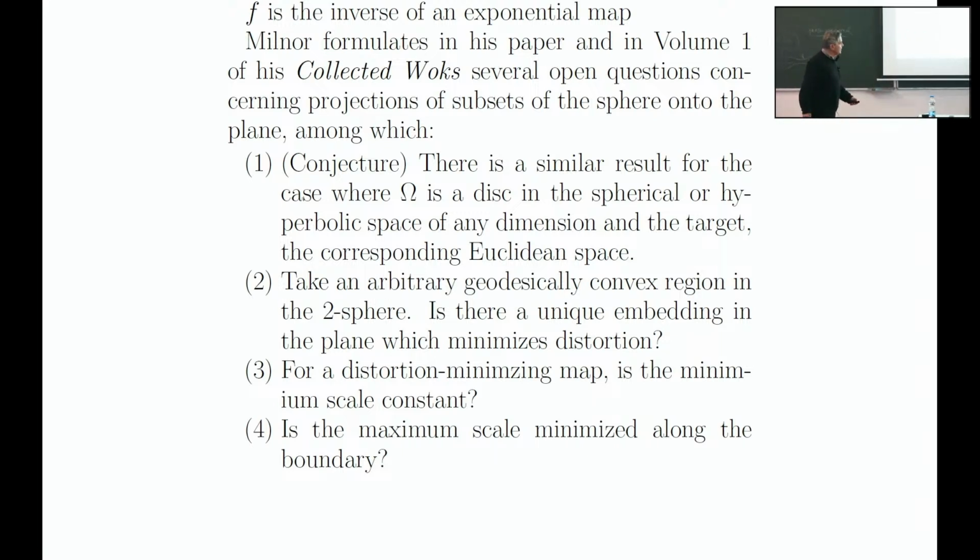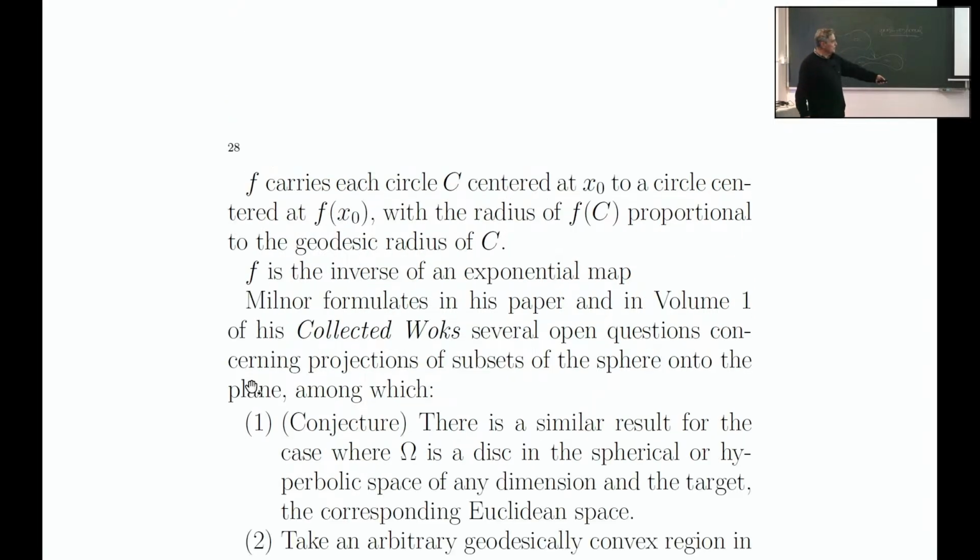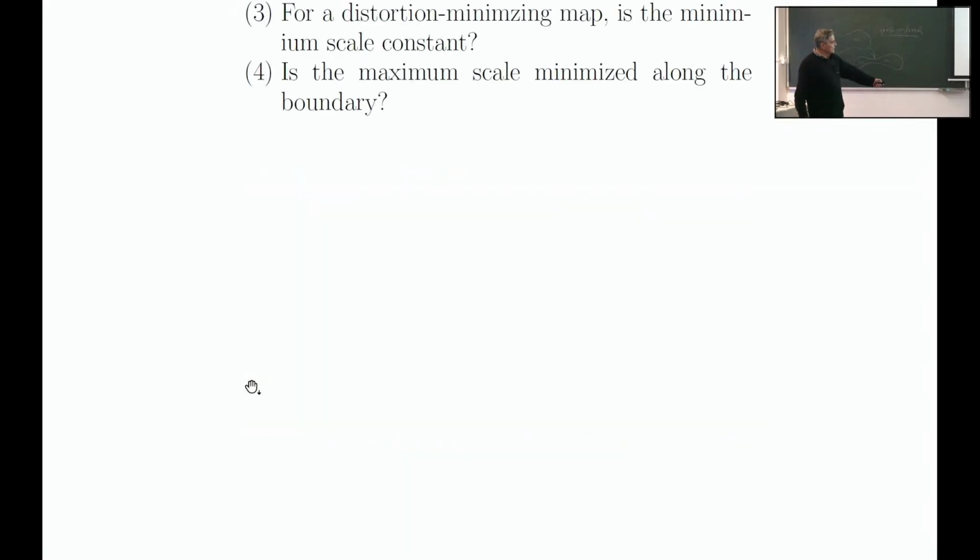When you study heat propagation and things like that, you want to minimize some energy, and then the heat must be constant on the boundary. So this is a set of questions which I think is interesting.